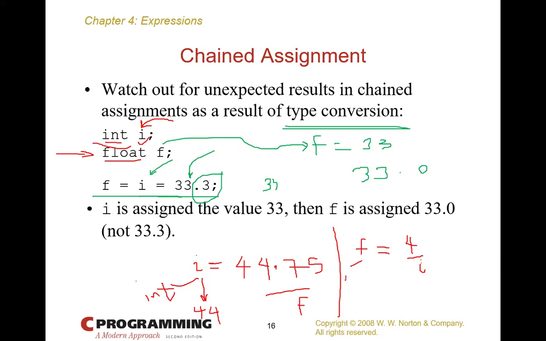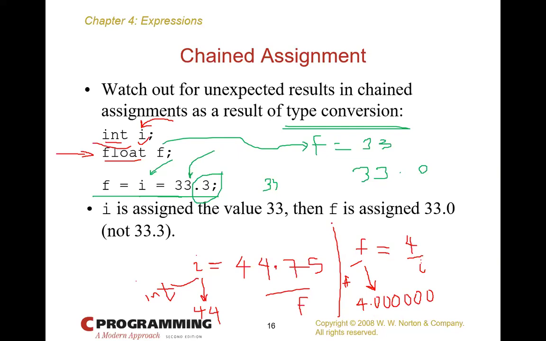This is float. So what will be stored inside of f would be the floating point of the integer 4, and that will be 4.000000. This is very important. 6 zeros. 4.0 will be stored inside of variable f.